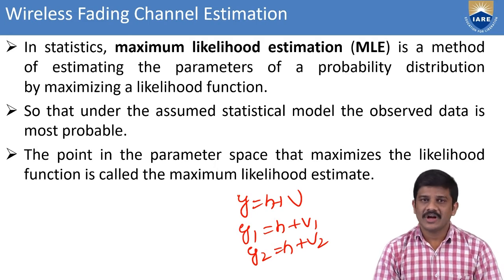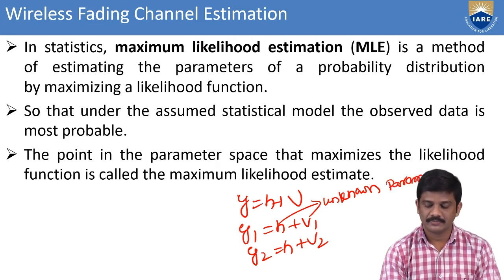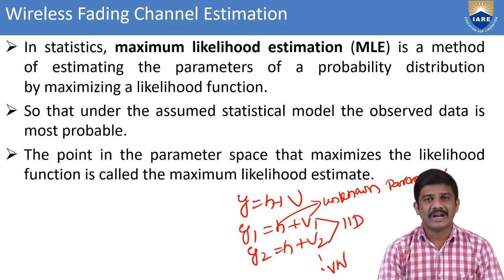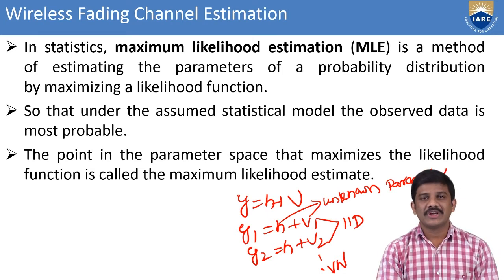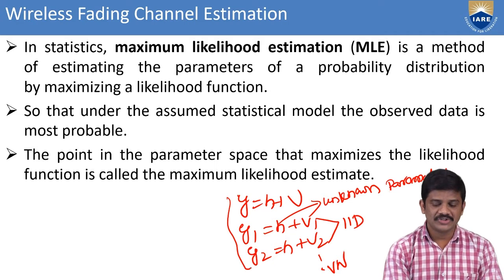This is a multiple observation model. Here h is the unknown parameter. v1 up to vn are IID, independent identically distributed. Those are independent identical distributions. These are the observation parameters.